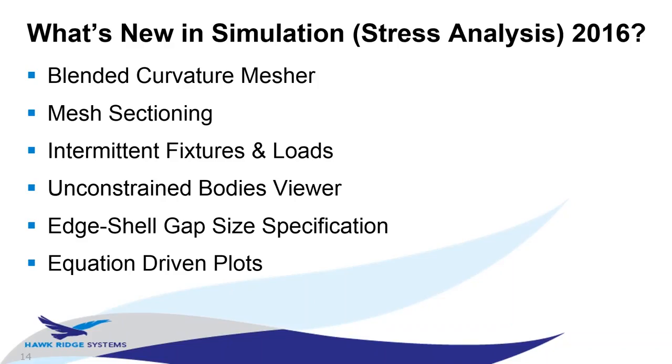Beyond that, of course, we have the edge shell gap size, so we can set up a tolerance for any kind of gaps that we have for shell edges and solid face or shell face interfaces, and set those tolerances that take care of any kind of problems that we have there. And then finally, we do have equation-driven plots. Again, it could be used for a multitude of different things, but if you have your own failure criteria, then you can use it for that.